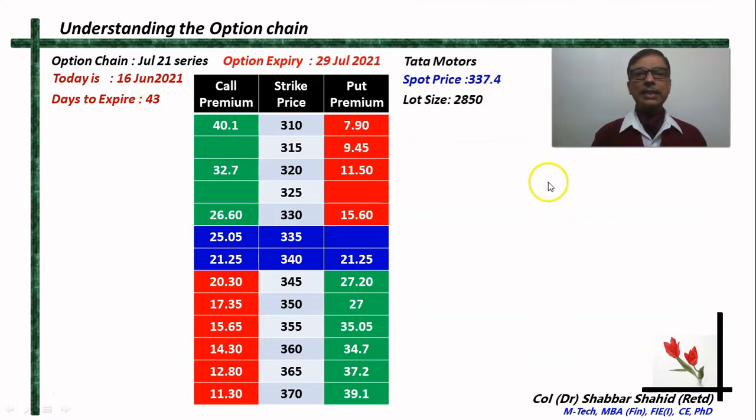Alright. And the underlying asset is Tata Motors. The spot price or the market price of the underlying asset, that is the share of Tata Motors, at the time when I took the screenshots, was 337.4, whether rupees or dollars or reals, that is immaterial.